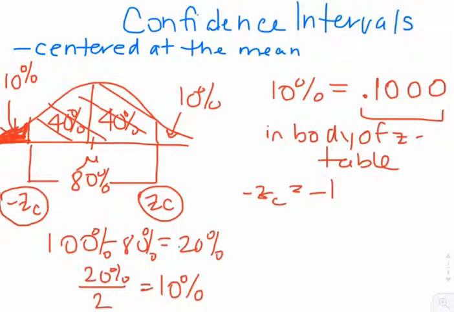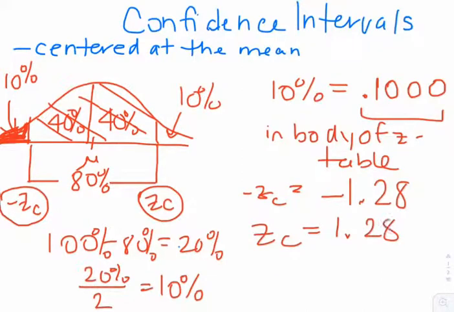That's not quite clear, is it? Let's just try that again. Negative 1.28. So that means our positive ZC is going to be 1.28.